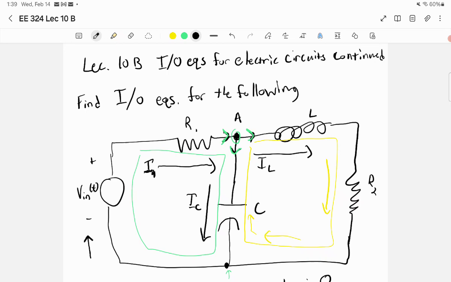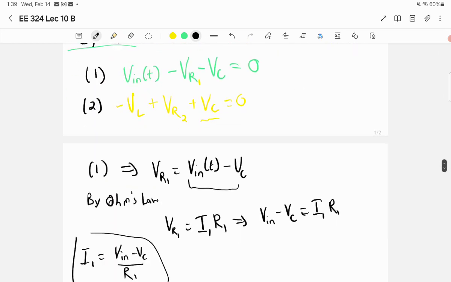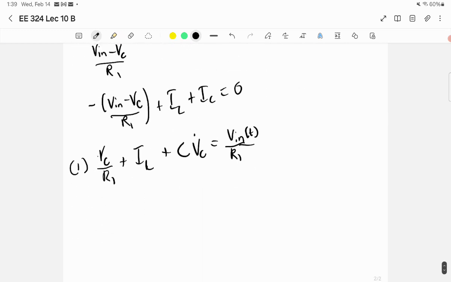So that means my current is going to have to just be IL here. That means that my voltage across R2 is going to have to be equal to IL times R2.